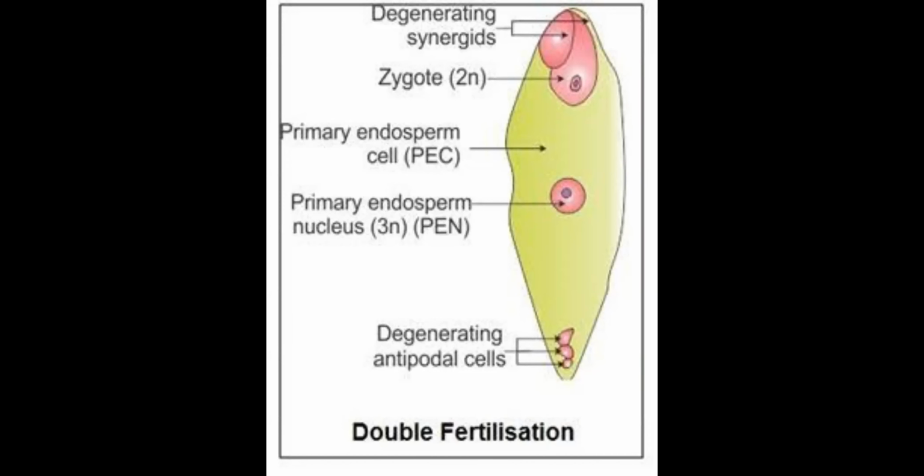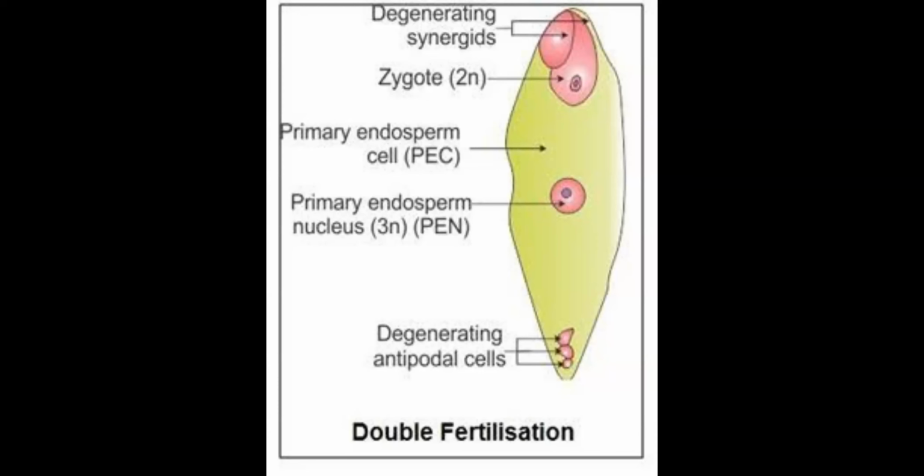One of the haploid male gametes, towards the micropylar end, will fuse with the nucleus of which cell? Correct, the egg cell. It's going to fertilize the egg cell. This fertilization is also identified as which process?